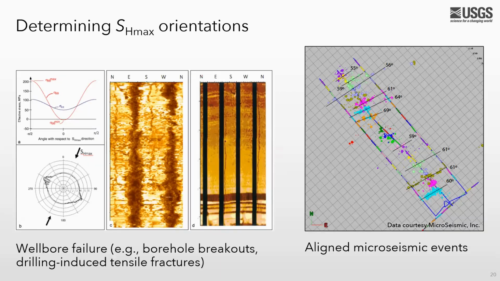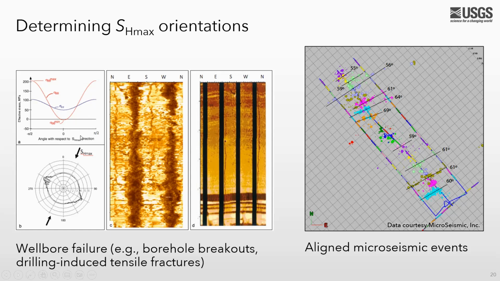And so we are fortunate to have received a large amount of data from a number of companies, and the gold standard type of data, as I'm sure you all are aware, is the use of borehole image logs, especially in subvertical boreholes.